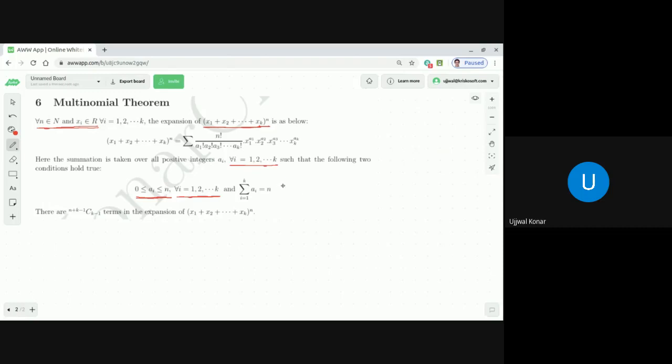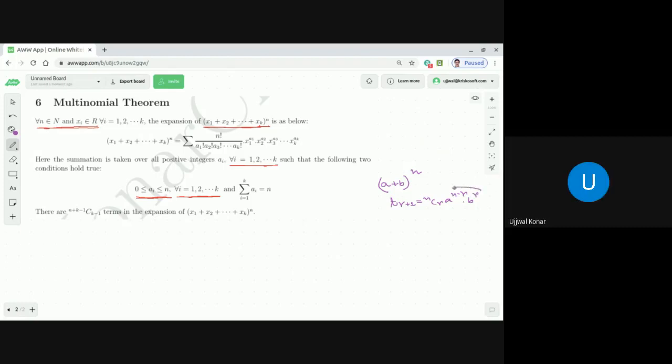You can think of it when you did (a + b)^n: in any term, the power of a and the power of b, if you add, sum up to n, if you recall. Dear students, when you did (a + b)^n, what is the (r + 1)th term you got? nCr into a^(n-r) into b^r, correct?